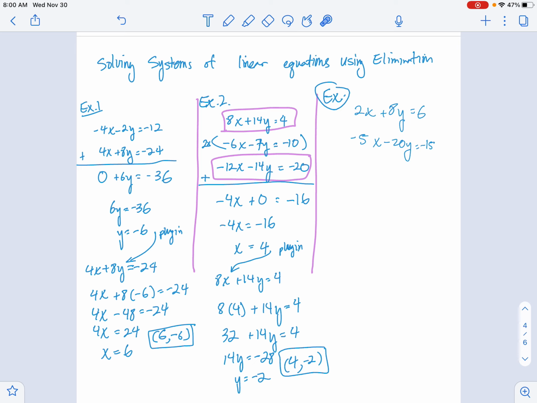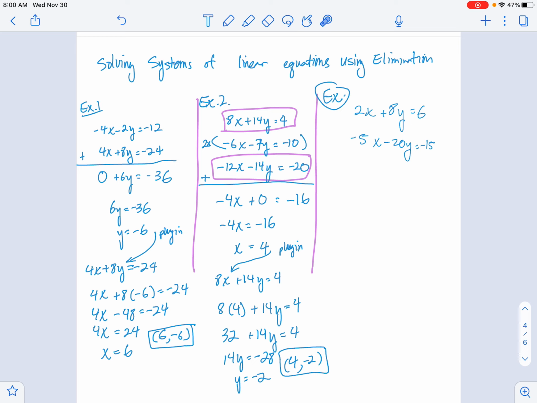Okay, now if you didn't simplify each of these, you can still do the problem. You would just have to find a number that both of them would be able to multiply to. So an example is, if I'm looking at 2 and 5, and I want to try to match up the numbers just like I did for 14 and 14, you're going to have to actually multiply both equations by a number instead of just one equation.